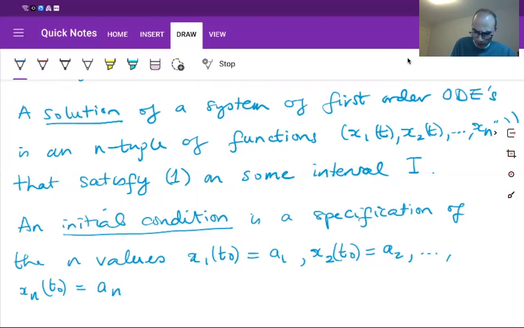So here, t0 is some initial point in time, and a1 to an are some constants.